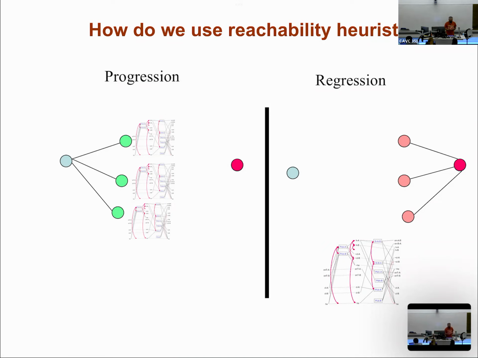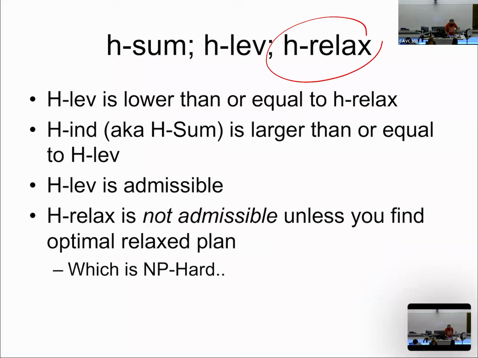Having said this, computing H relax is essentially finding a feasible subplan, right? Without negative interactions. But if you only find a feasible subplan, a feasible subgraph, that won't be admissible.